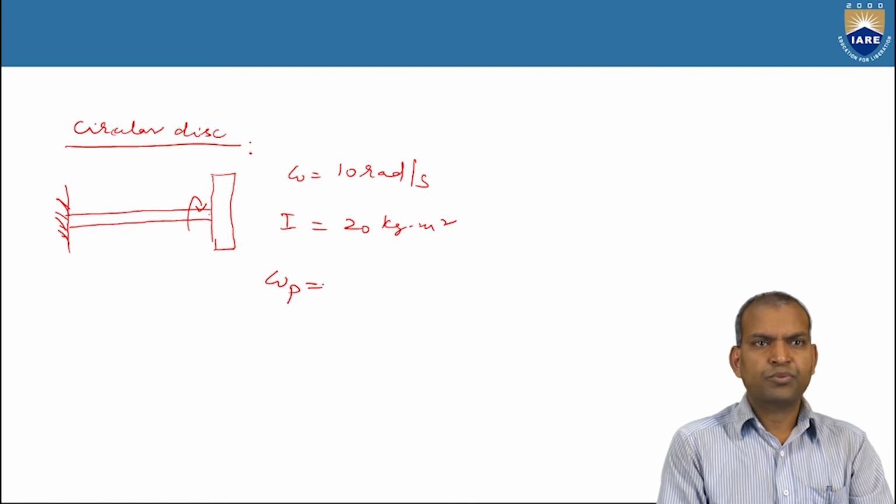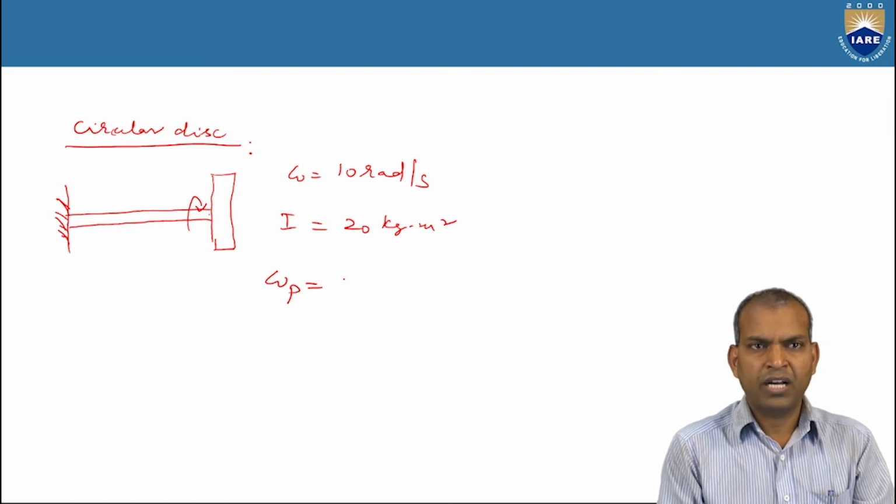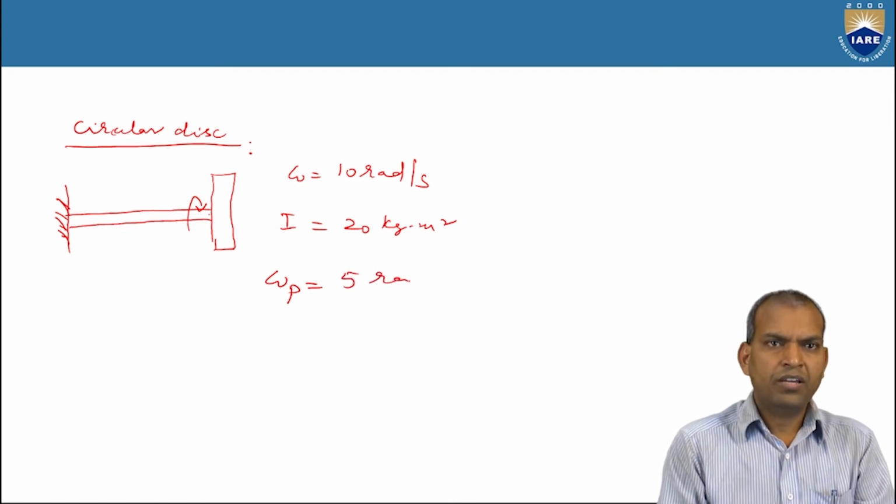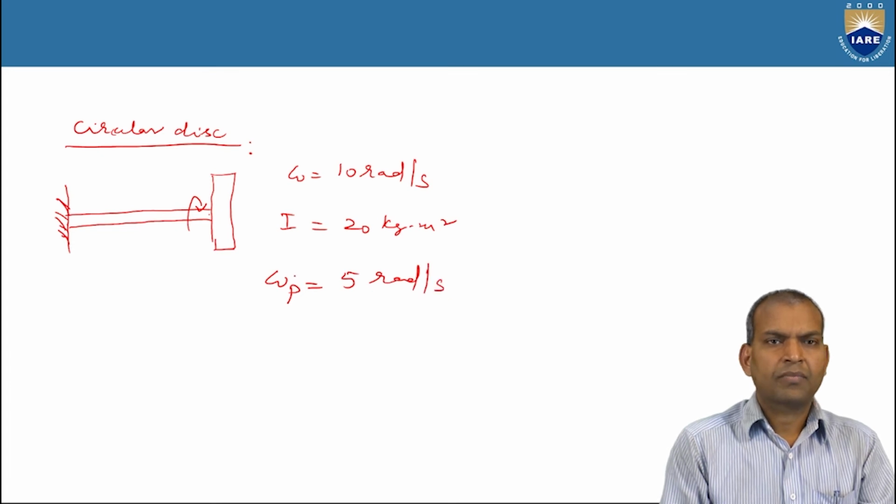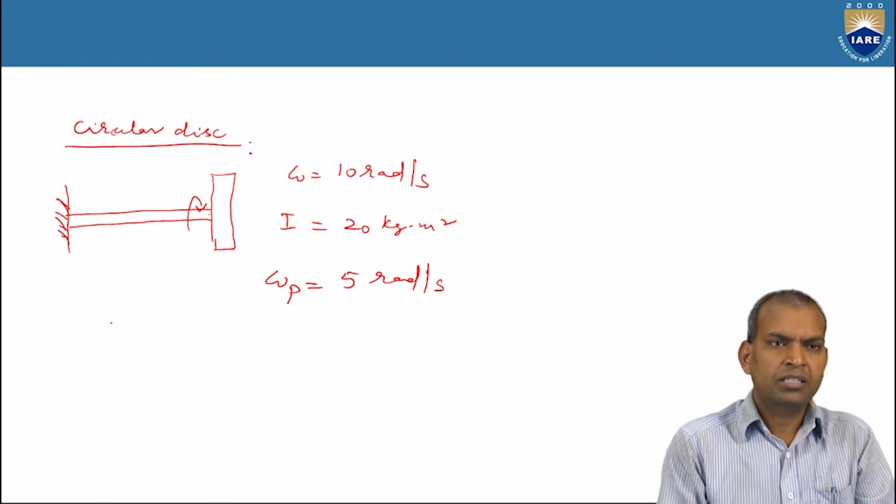This is a direct substitution formula. We are given a value, some 5 radians per second, for this omega P. If you know the formula, substitute. What is the gyroscopic effect, or gyroscopic torque?